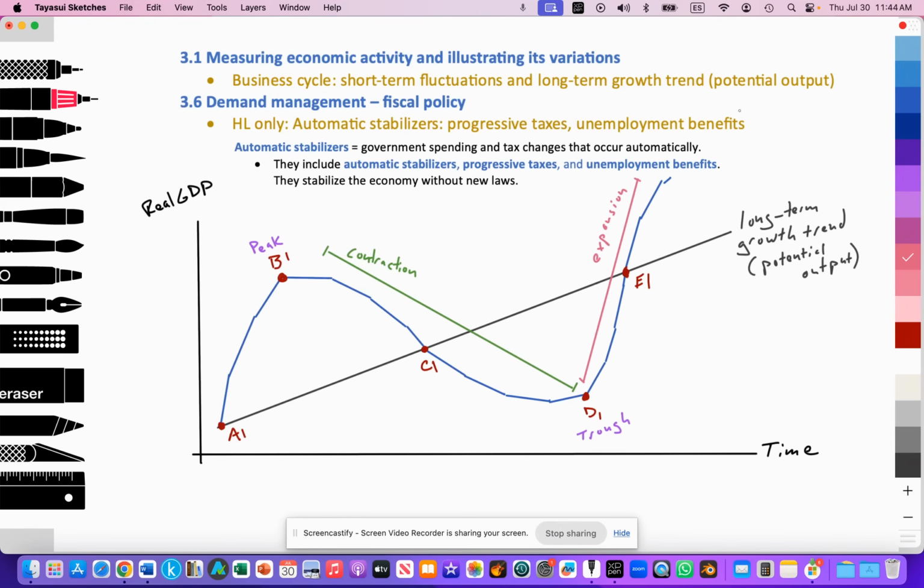Okay. So what about illustrating the impact of the automatic stabilizers? So we can use an additional line. I'll go from A1 to B2. I'll just draw it.